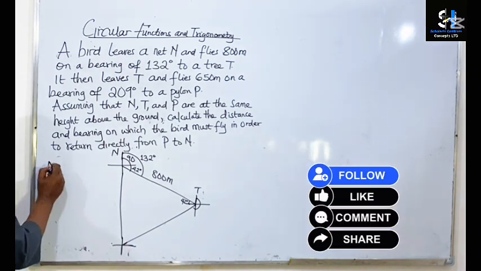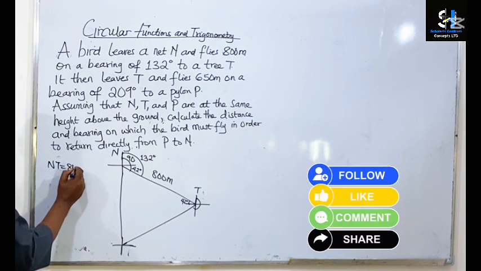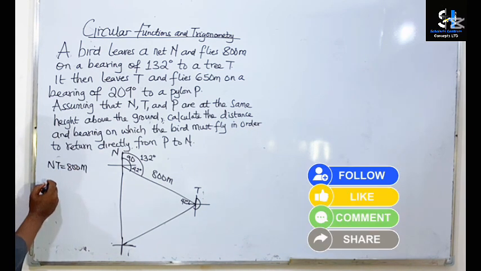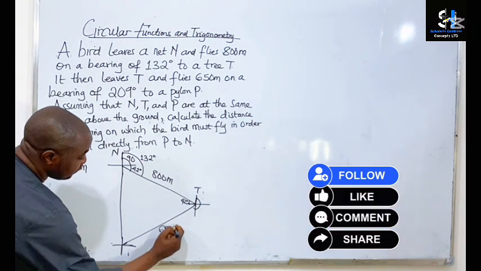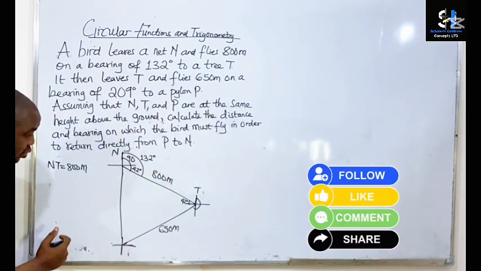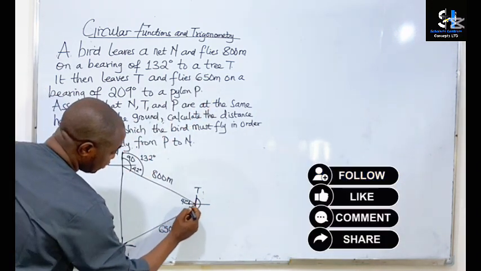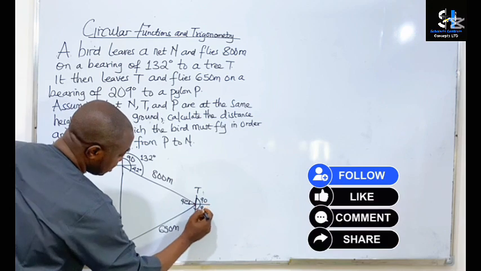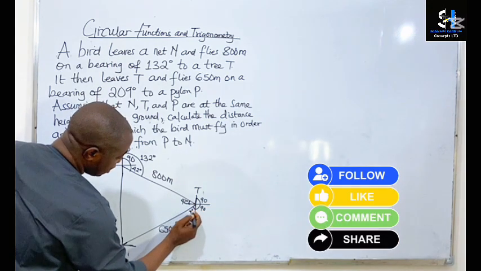We know that NT is 800 meters, and this is 650 meters, which is in the question. Now this is 42, this is 90, this is 90, and this is 29.